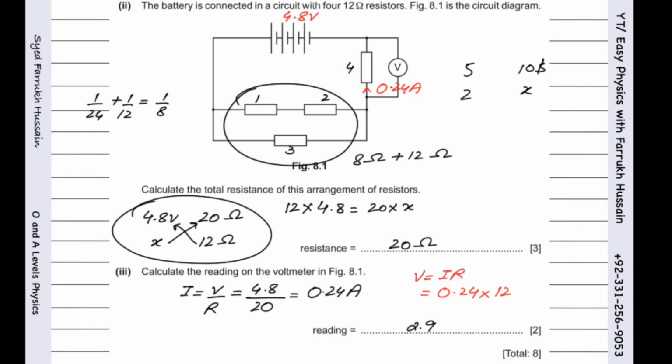So if I do it in my method, like I do 20 divided by 12, and then I do 4.8 divided by that, I didn't get the same answer. Because I always do 5 divided by 2, and then 10 divided by that answer.